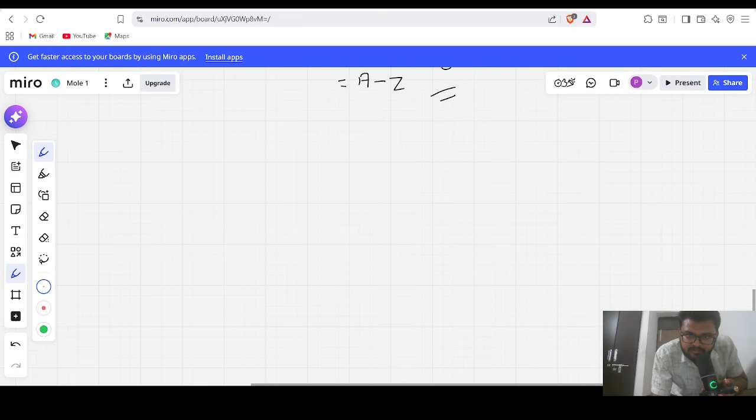Moving further, let's start the concept of what is molar mass.